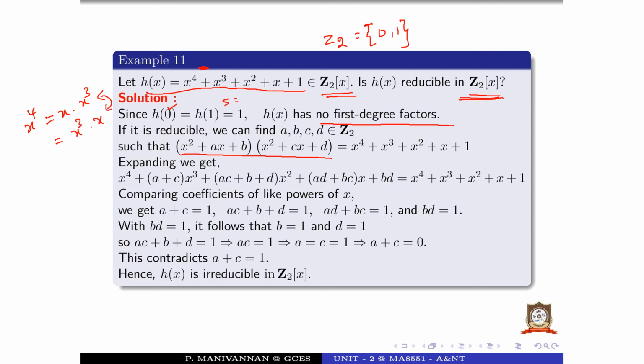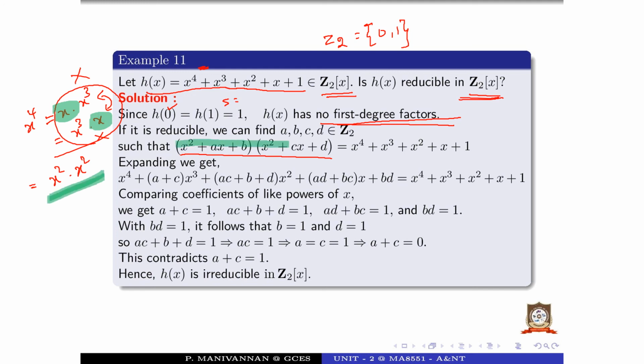These are the same condition. The other possibility is x squared into x squared. The first is not possible. Why? It has no first degree factors. So these two conditions fail.